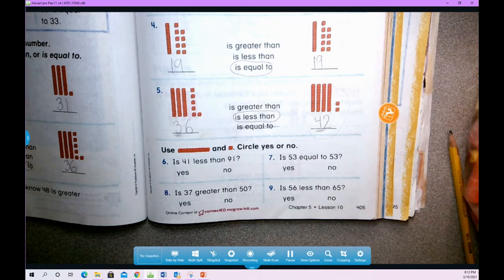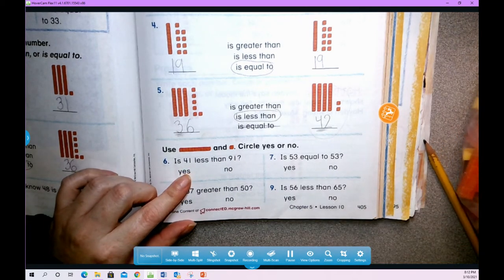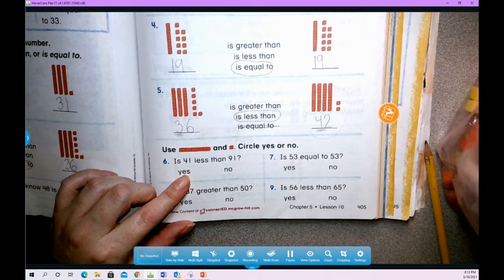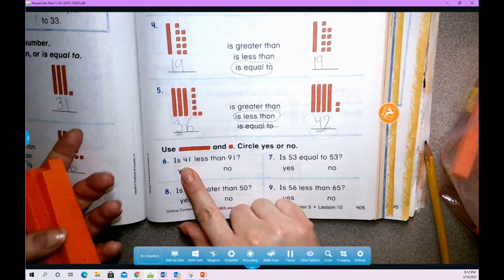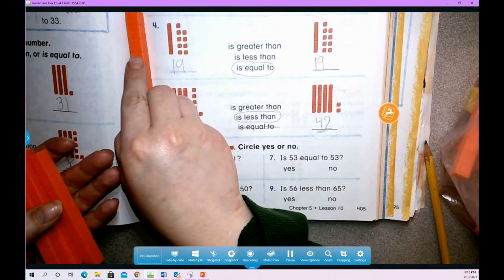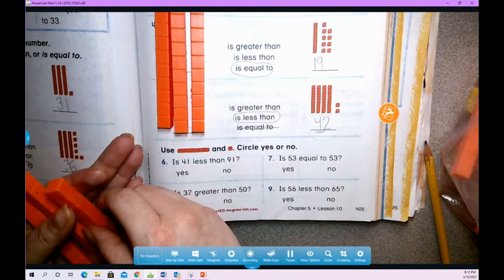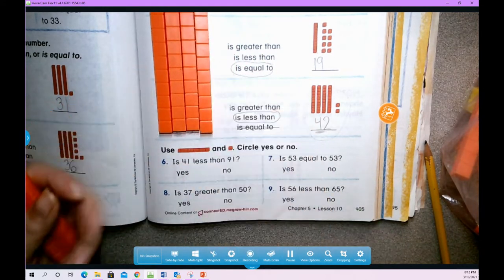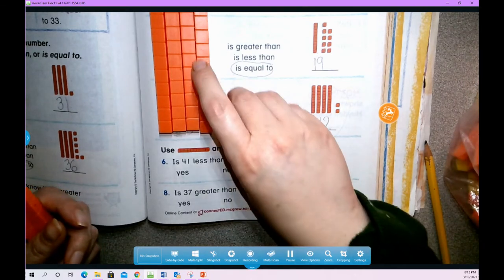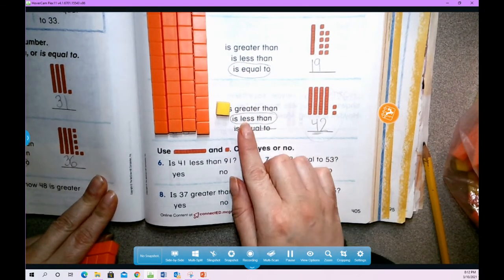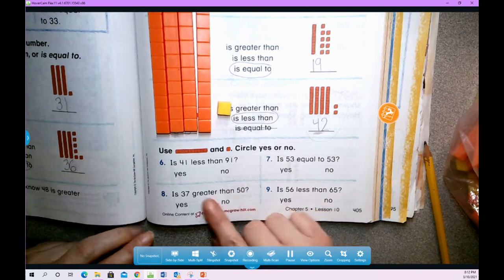Alrighty. So the number 41 and 91. Okay, so I'm going to do the number 41. The number 41 looks like this. 10, 20, 30, 40, 41. This is the number 41.